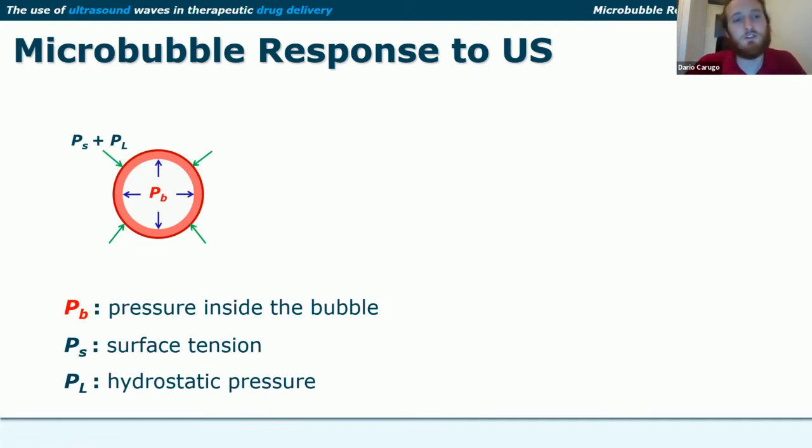I should say that, of course, the reason why microbubbles respond to ultrasound in the first instance is that they've got a gaseous core, and the gas itself being highly compressible provides the acoustic responsiveness that microbubbles offer. As I said, the pressure inside the bubble should substantially overcome the surface tension in order for the bubble to be able to expand.